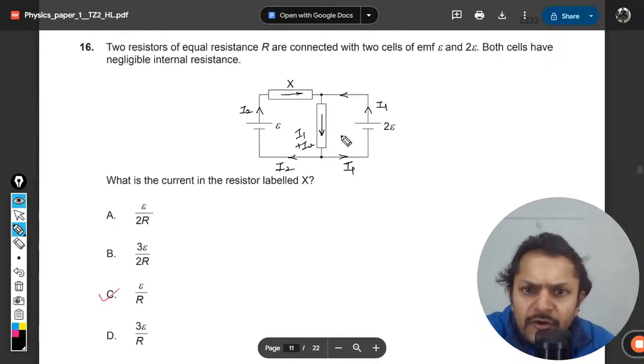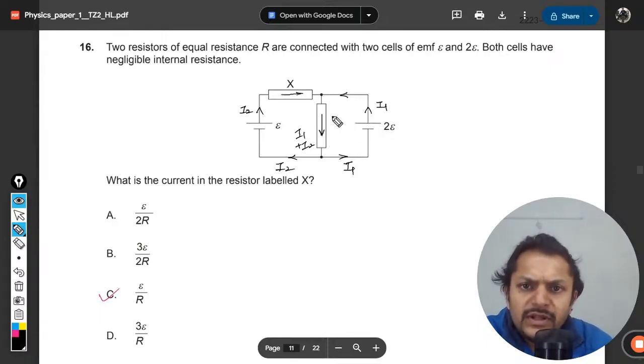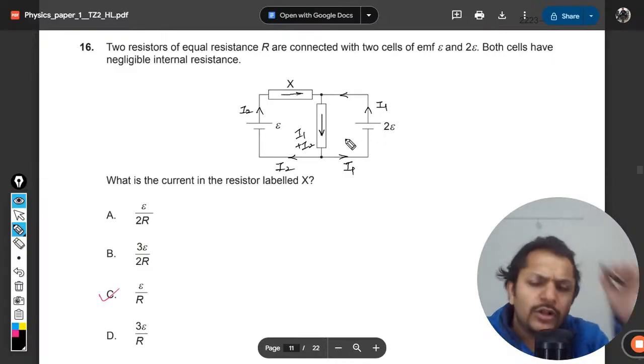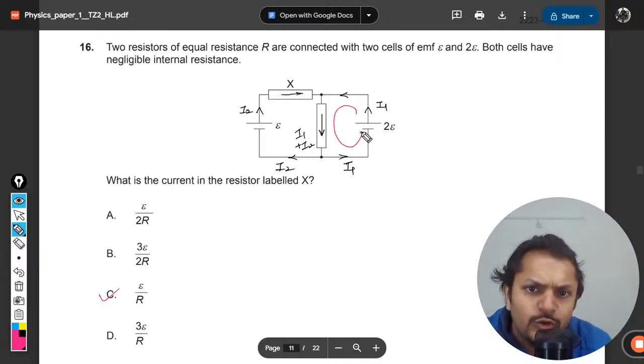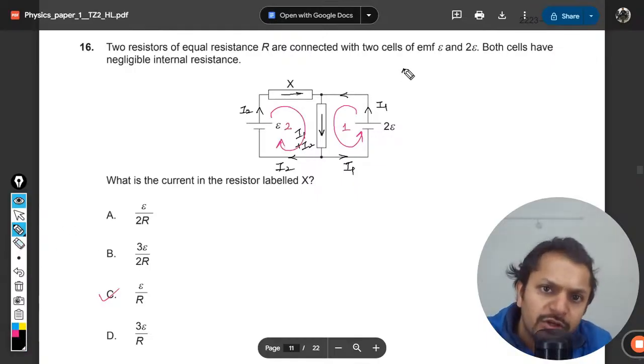Let us create all the equations, no problem. So this is loop number one, this will be loop number two, and let us apply the equations for loop number one and loop number two. So loop number one, the battery, this is the positive terminal, this is the negative terminal.